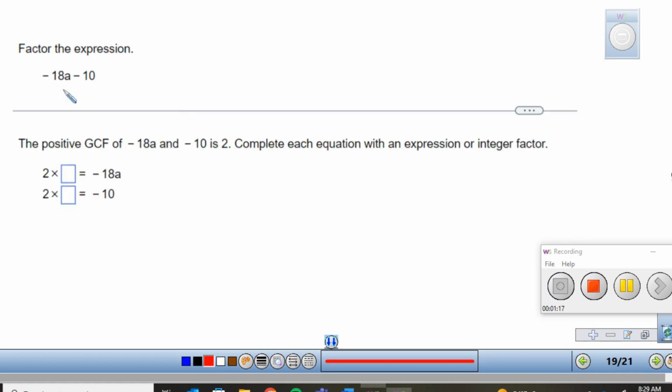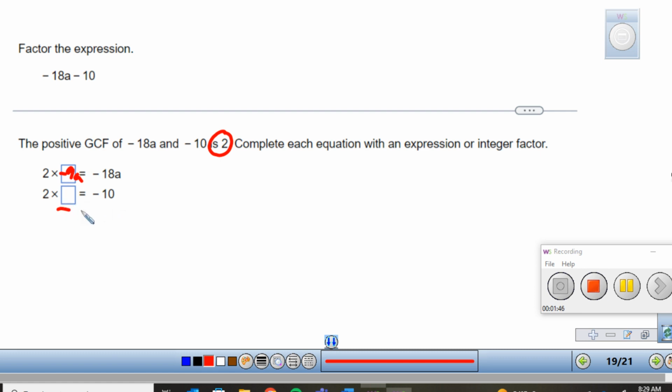Next one, factor the expression negative 18a minus 10. Now in this example, they're asking us to create an equation with each expression and integer factor. They've already kind of given us a clue that since both these numbers are even, we can multiply 2 by something to get the answer that we're looking for. 2 times negative 9a will give us negative 18a.